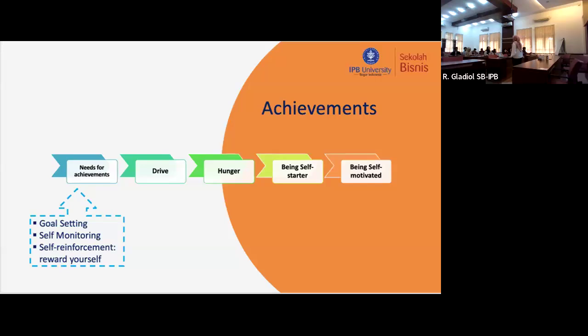How many of you after graduating will develop a business? 1, 2, 3, 4. Liang, you are doing it because you are in your father's company, right? It's a family business.